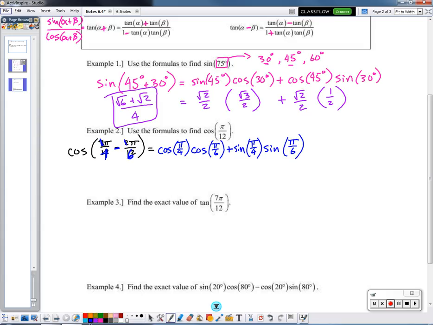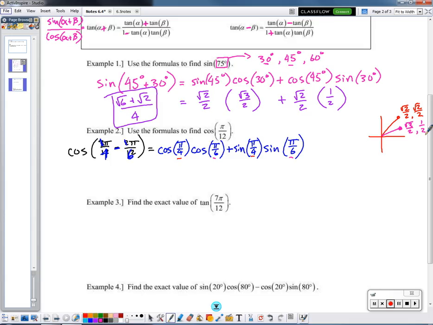Pi over 4, that's over here at root 2 over 2, right? And pi over 6 is down here, and it's got a root 3 over 2 x value and a 1/2 y value. Pi over 6, that's like 30 degrees, so that should make sense.